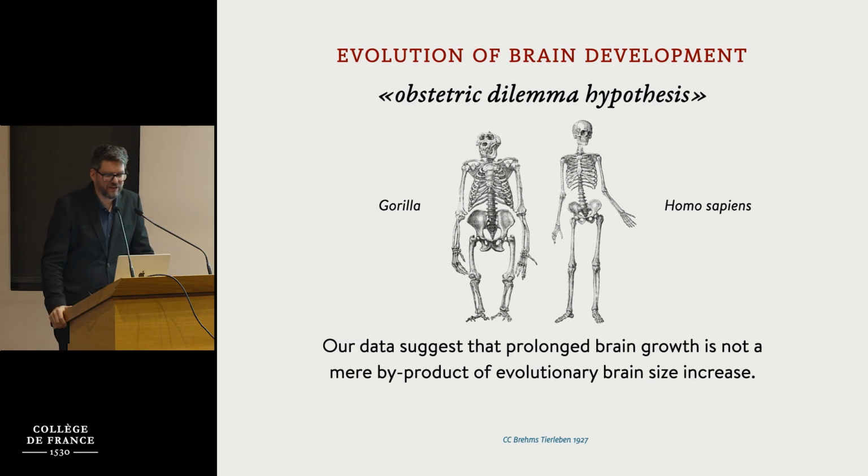And this is called the obstetric dilemma hypothesis, because if you redraw a gorilla to stand as if he were a modern human, then you can see that among all the things that are changing, pelvic shape is also changing, right? And compared to our closest living relatives, modern humans have an extremely narrow birth canal, which is often considered to be an adaptation to upright walking, but that of course makes it more complicated to give birth to a large-brained baby.